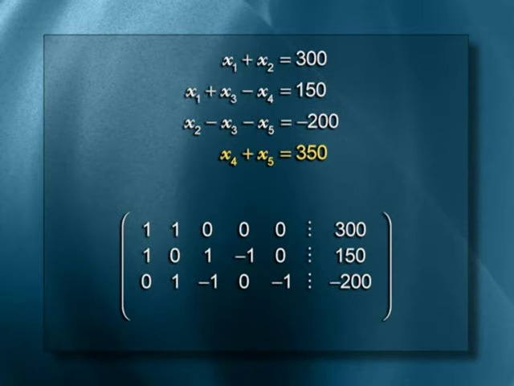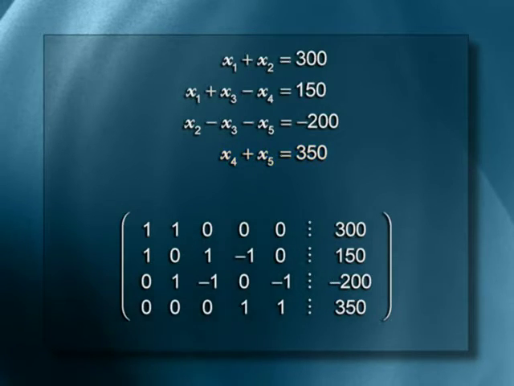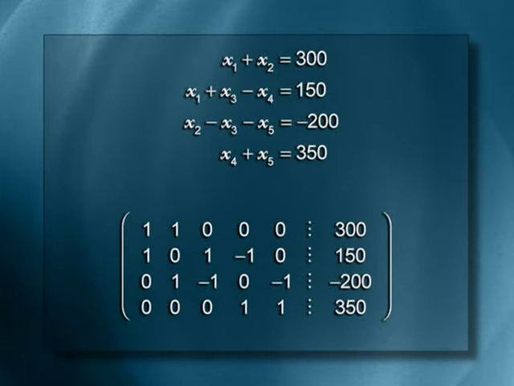And the fourth equation, x4 plus x5 equals 350, corresponds to 0, 0, 0, 1, 1, and then 350. And I've put that dotted line there to really indicate that the final column is the column of the constant terms. All right, we've been here before.